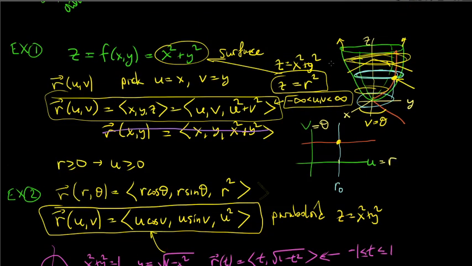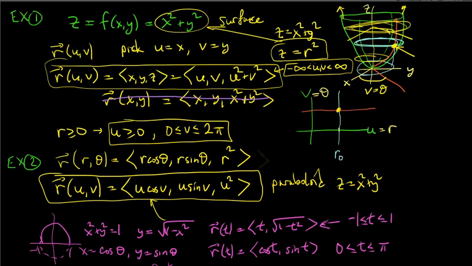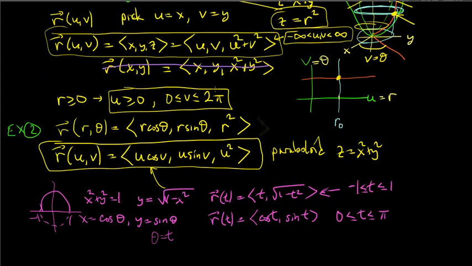And if you go all the way around, 0 to 2 pi, you have the entire paraboloid. There's no reason to go around more than once, so v should be somewhere between 0 and 2 pi. Again, if you don't say that, you're assuming the biggest possible range. If you only want a part of the paraboloid, let's say half of it, you can go from v equals 0 to v equals pi.